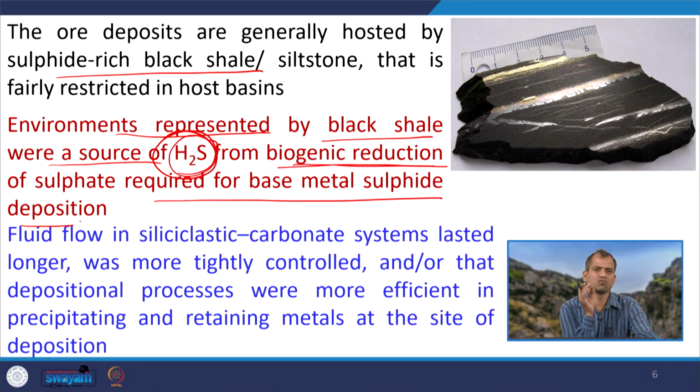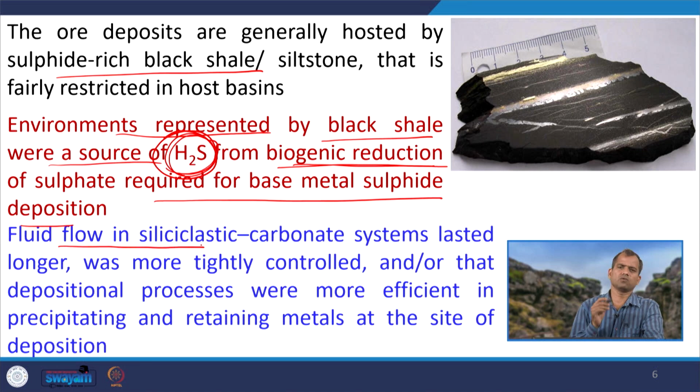So, we have black shale or any other rock where, by biological action, we are creating H2S, and when that H2S reacts with the metals, it gives metal sulphide. So, nothing to do with the magmatic system.